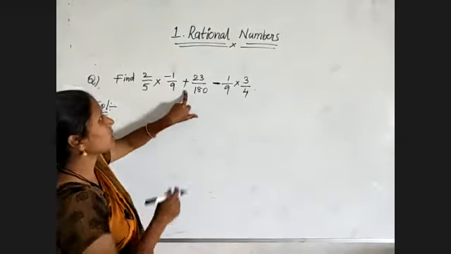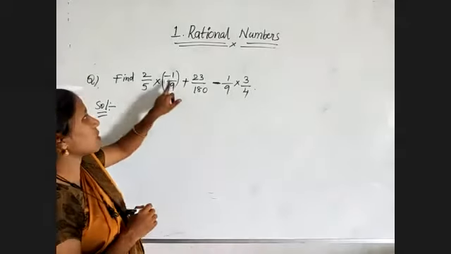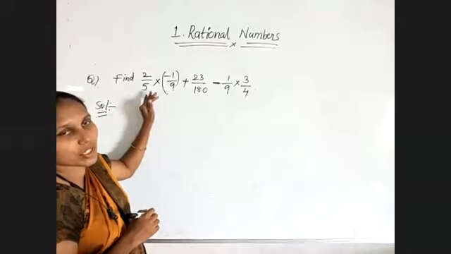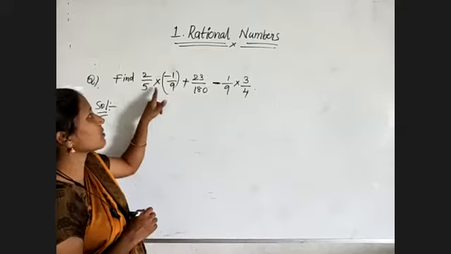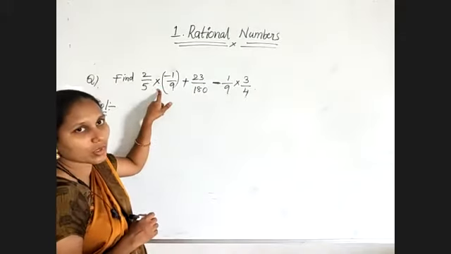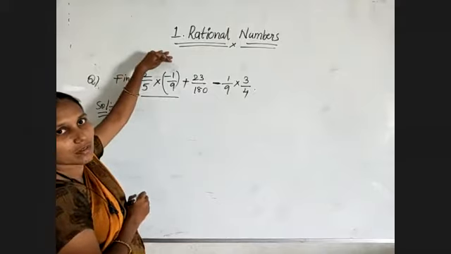Here, this minus is a sign, minus 1 by 9, so it is not an operation between 2 by 5 and 1 by 9. Between these two numbers we have the operation multiplication, so we will treat this completely as one number, one term.